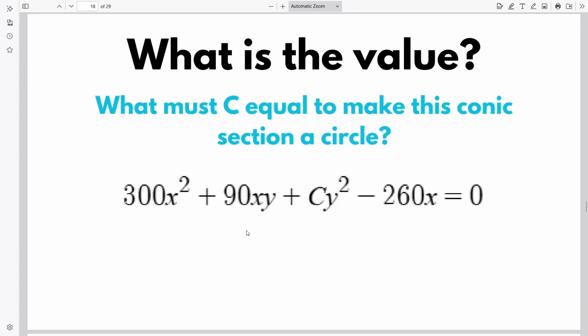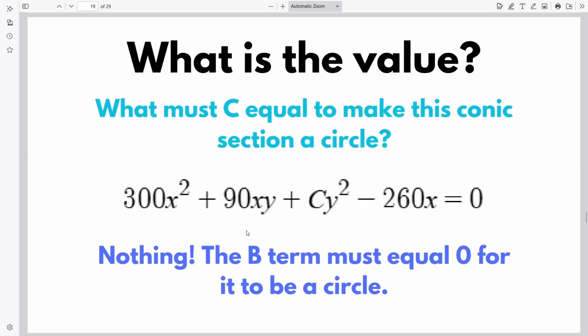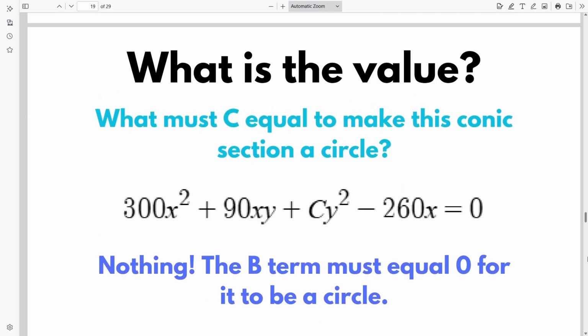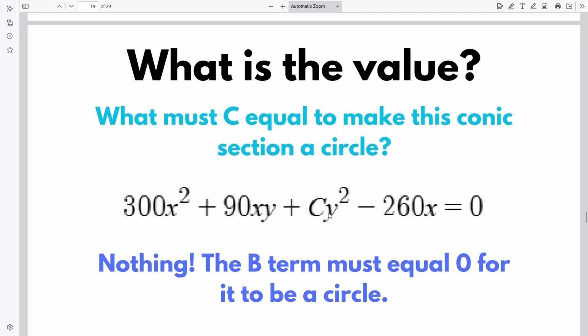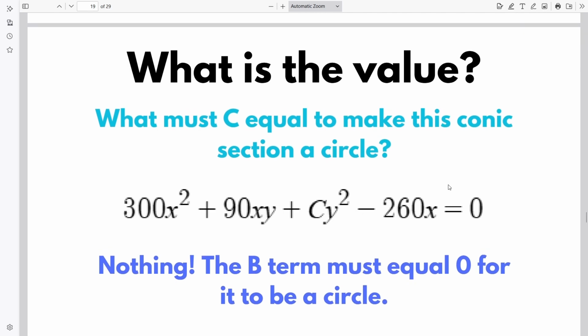Okay, got your answer? If you got anything, you're wrong, because it can't be anything. The b term must be 0, and as a matter of fact, it is not 0. So, sorry if you fell for that.